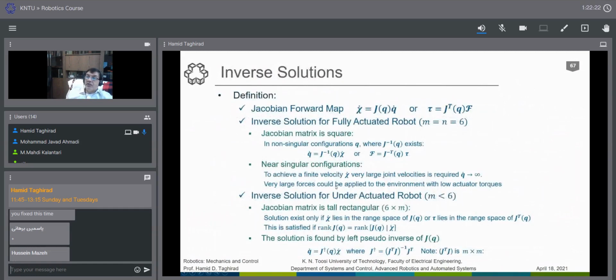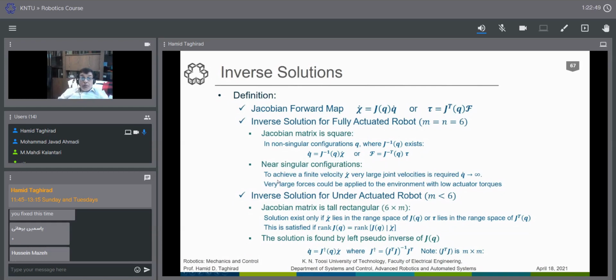Very large forces could be applied to the environment with low actuator torques. And the story is finished for n by n because we don't need any difficult inverse calculations, because we have a simple square matrix and we can find its inverse by numerous calculation ways.